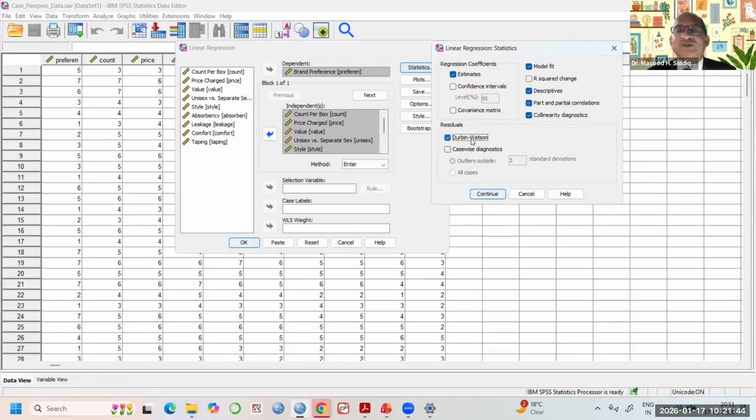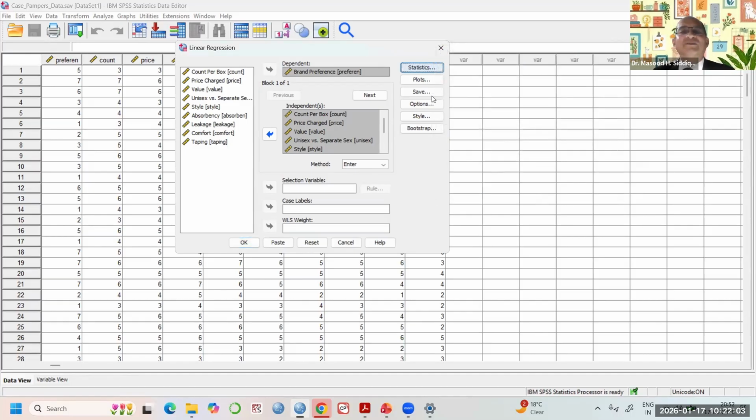Durbin-Watson is used to check another assumption, that is known as autocorrelation. We will be discussing that later on. Case-wise diagnostics is used to find out which particular sample values are dominant in nature, right? Anyway, we are not considering this because we are discussing it for the first time.